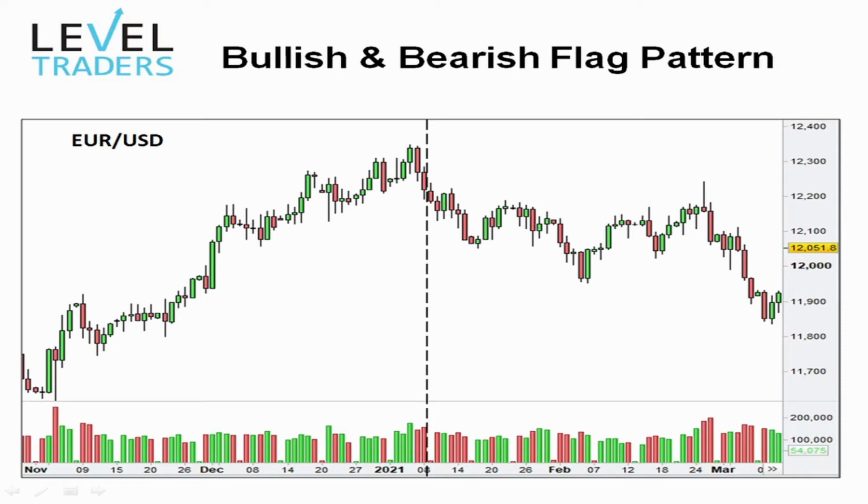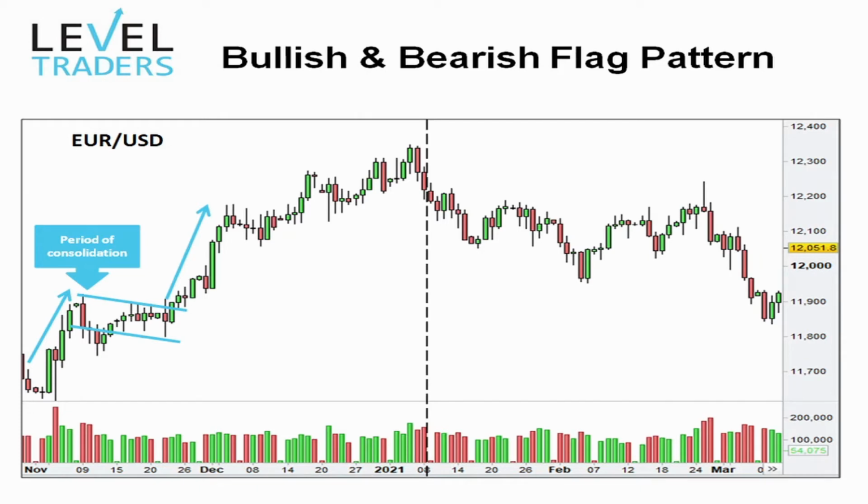So if we start with the trend, you'll see the euro dollar is in an uptrend in November. Then we have this period of consolidation for the rest of November, followed by a breakout. The volume hasn't changed here, but as I mentioned, the increase in volume is desirable, not essential.